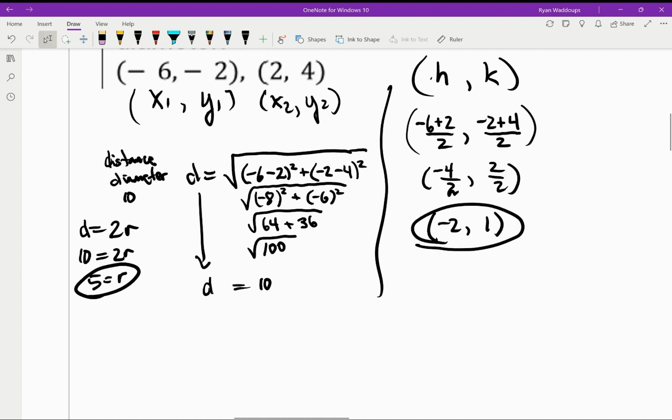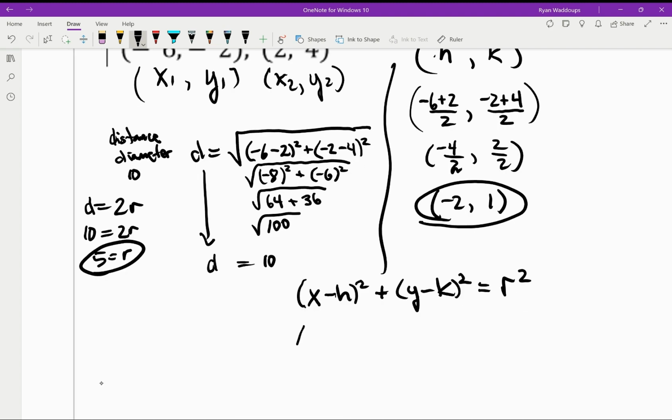And so, once again, the generalized form of the equation is x minus h squared plus y minus k squared is equal to the radius squared. And then I can just plug in the values that I found. x minus, now when I subtract and I take x minus -2, then I want to simplify that.